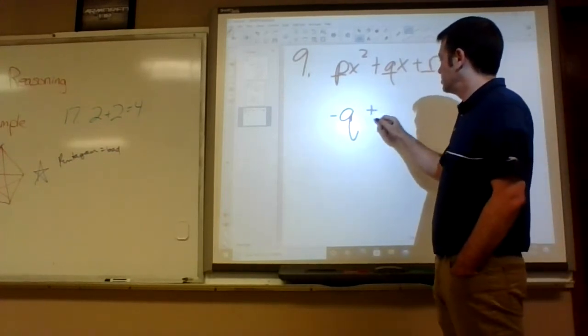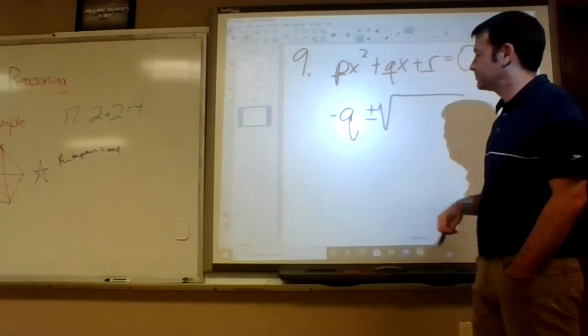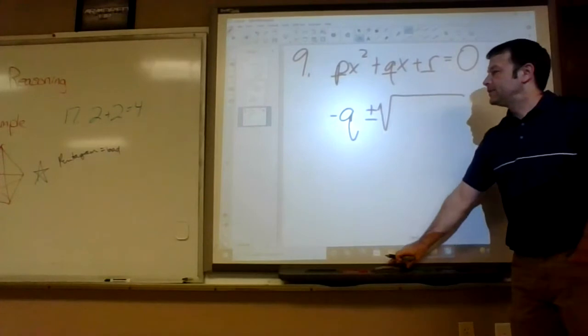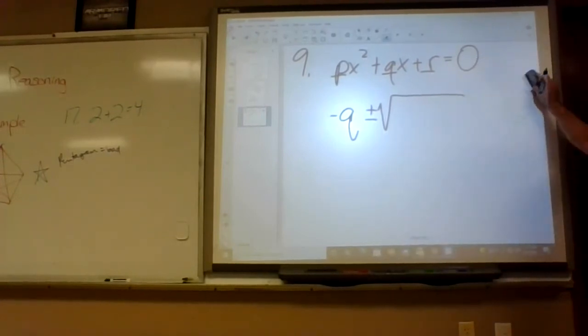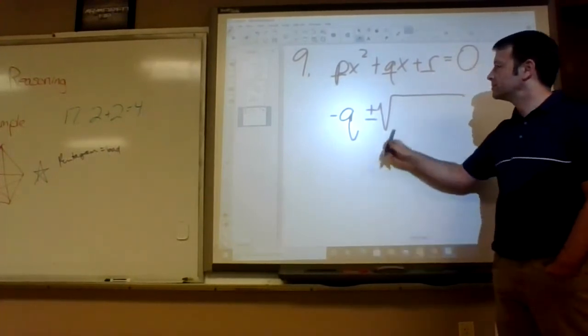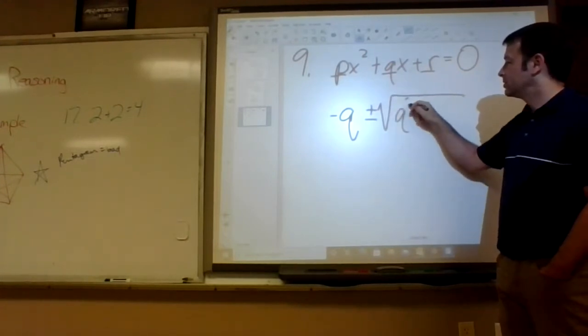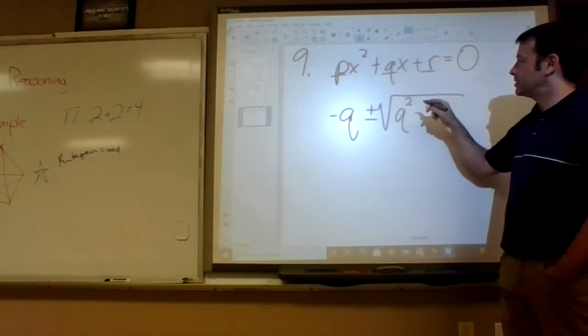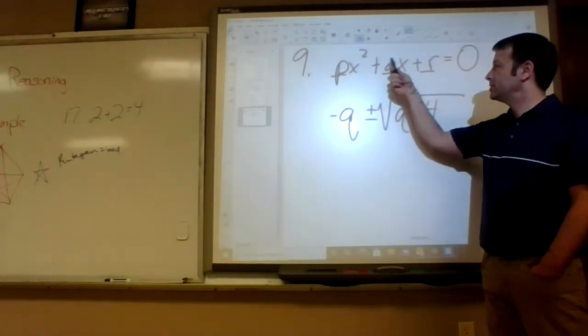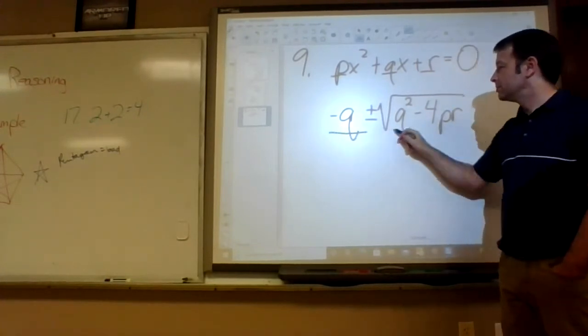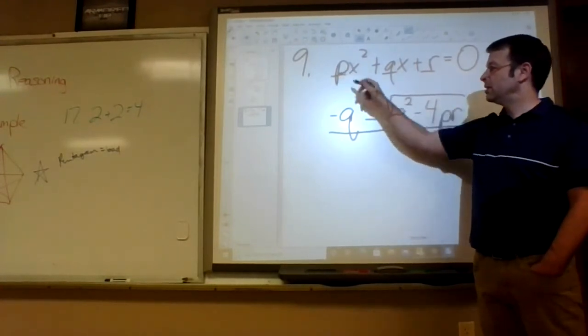That's why I always do the T's like that, so it doesn't look like a plus. Negative Q plus or minus the square root of Q squared minus 4 times A times C, so 4PR, over 2A.